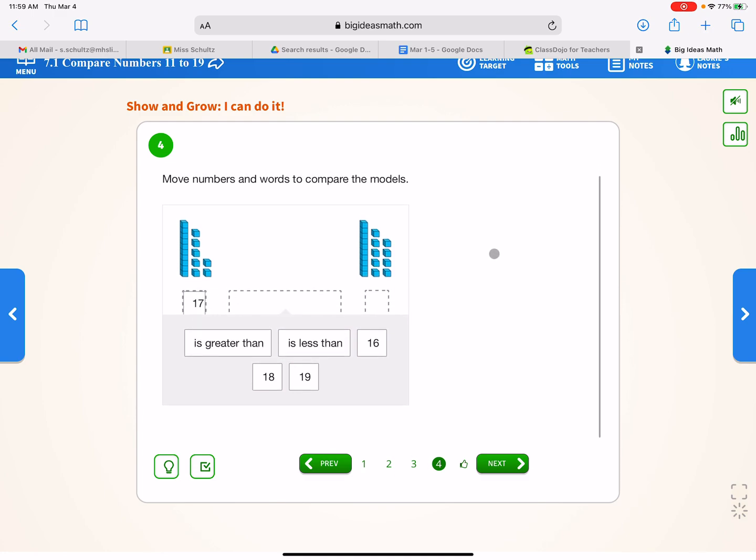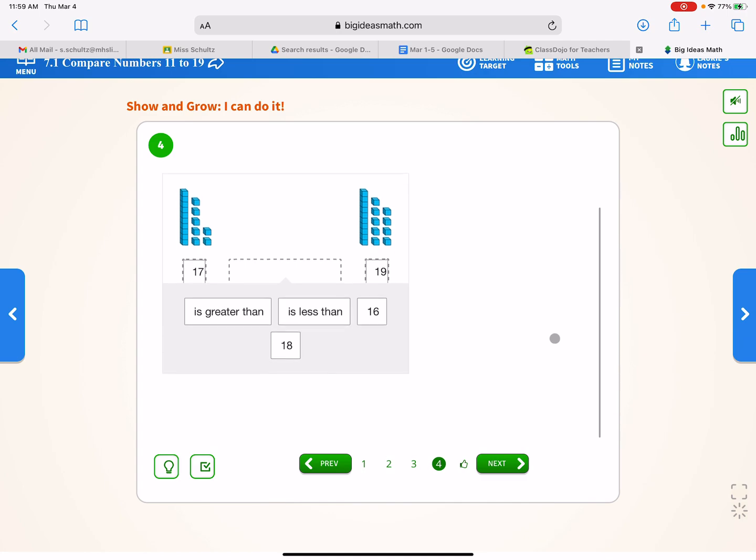Okay, now I'll give you a couple of seconds to figure out the second model. 10, 9, 8, 7, 6, 5, 4, 3, 2, and 1. So we have 1 rod, which is 10. And then let's figure out how many ones we have. So we have 10, 11, 12, 13, 14, 15, 16, 17, 18, 19.